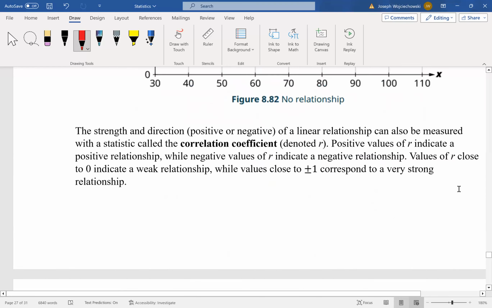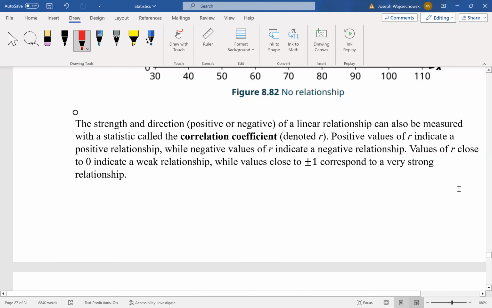The strength and direction, positive or negative, of a linear relationship can also be measured with a statistic called the correlation coefficient, denoted by a small r. Positive values of r indicate a positive relationship, while negative values of r indicate a negative relationship.